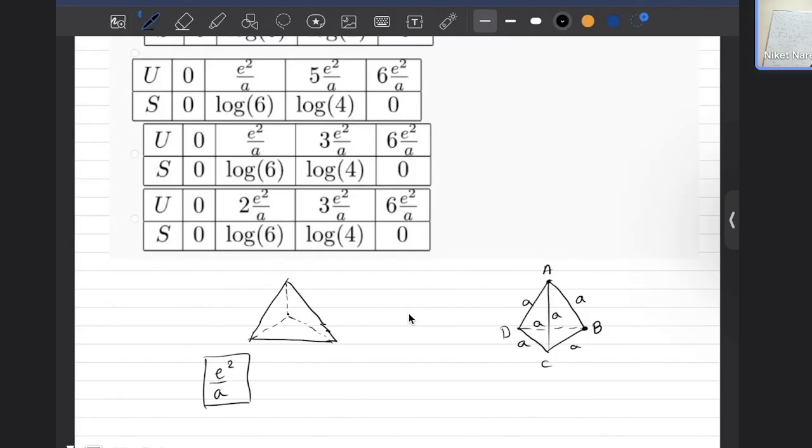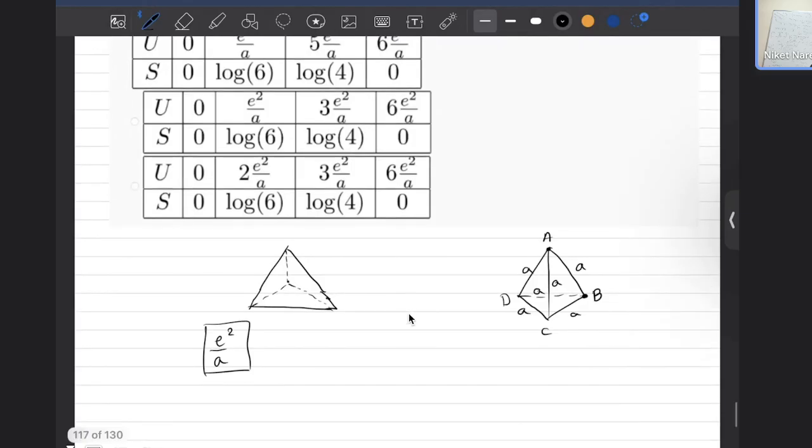So in that case, what are the number of arrangements possible? The number of arrangements would simply be 4C2, because I have four corners and I have to choose any two. So 4C2 is equal to 4 into 3 divided by 2, which is 6. So this is my number of microstates or number of possibilities, which is 6.